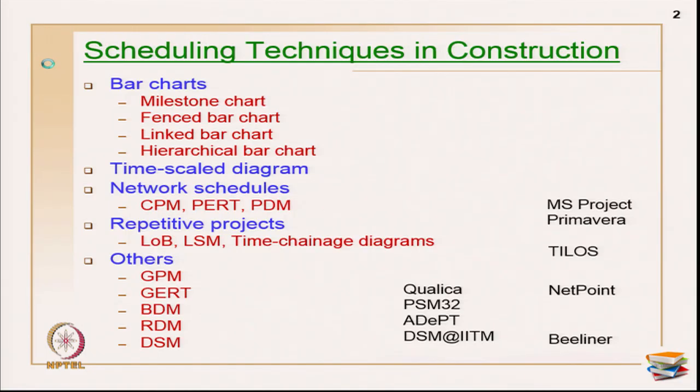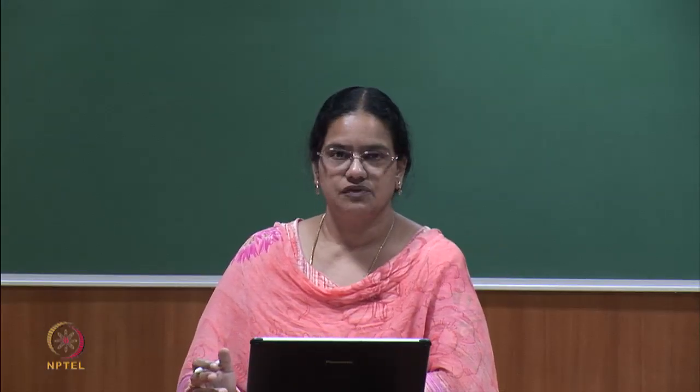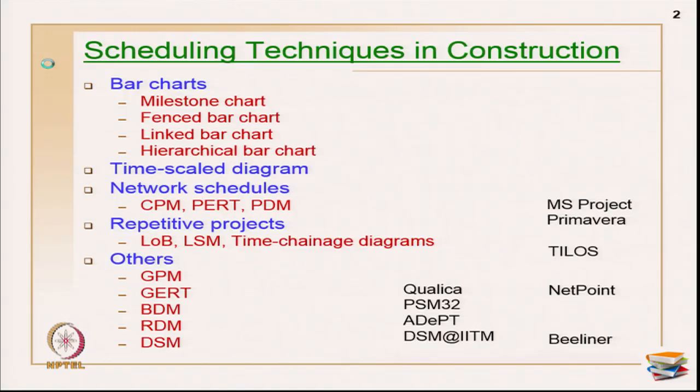Adapt does not allow you to do proper iteration modeling. It just focuses on a black box approach to iteration modeling. And DSM at IITM is primarily a MATLAB based version, so you do not have a GUI. It is difficult for users, as you have to type all the inputs, 0 and 1 entries. That is the one drawback we have there, but all of these can help you to do the analysis.